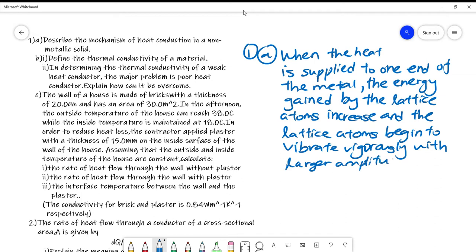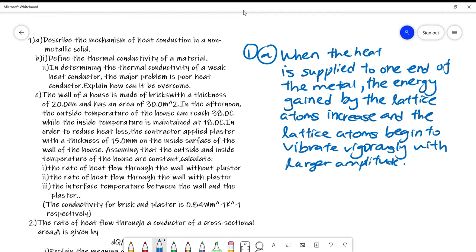So this is the first statement that we discussed from the previous video. The energy gained by the lattice atoms causes them to begin to vibrate more vigorously with larger amplitudes.